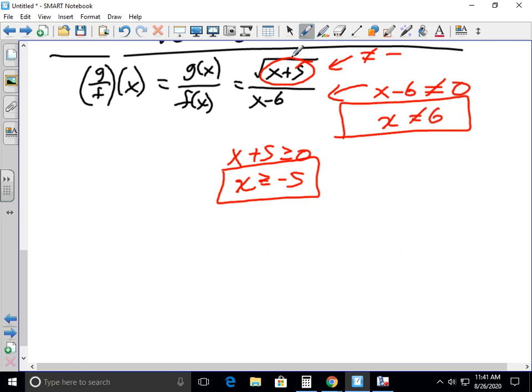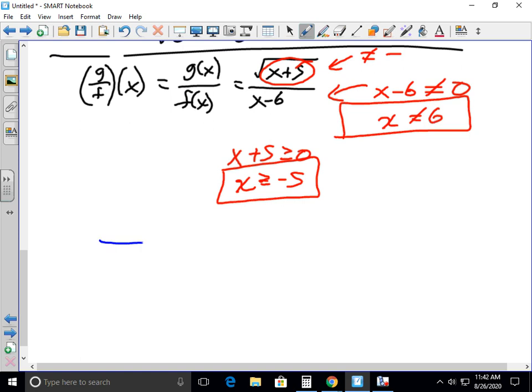So the numbers that make the top part okay are all of these numbers. The numbers that make the bottom okay is everything except 6. So how do we describe we can't use 6 and we can only use numbers that are bigger than or equal to -5? Well, what numbers are those? What numbers are bigger than or equal to -5 but not 6?